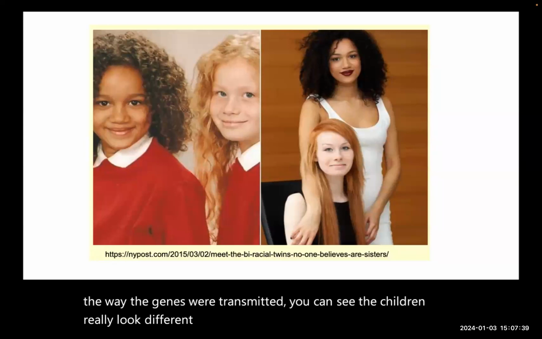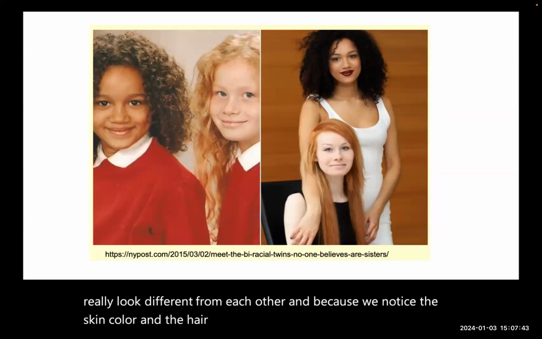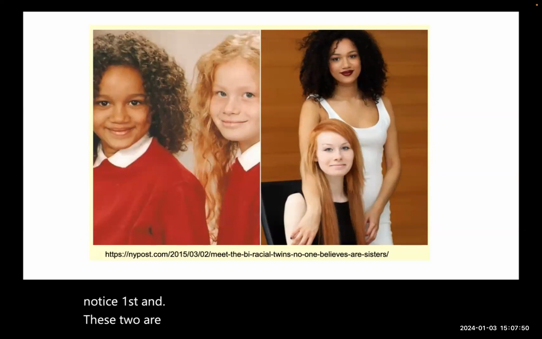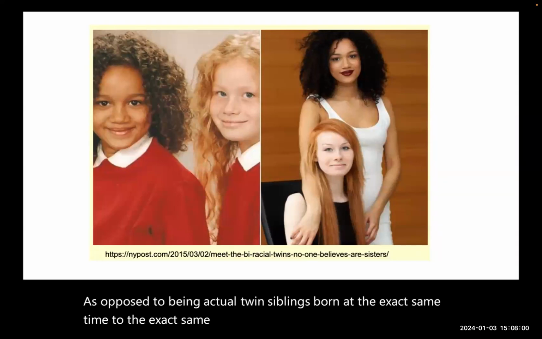And because we notice the skin color and the hair color first, these two are often thought to not even be related, as opposed to being actual twin siblings born at the exact same time to the exact same parents. So kind of an interesting thing.